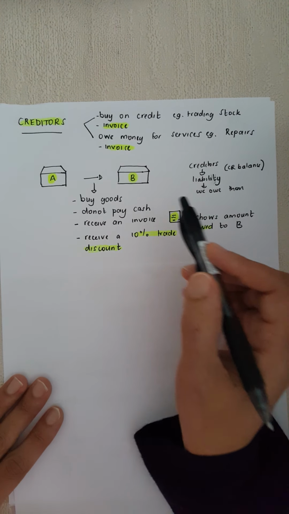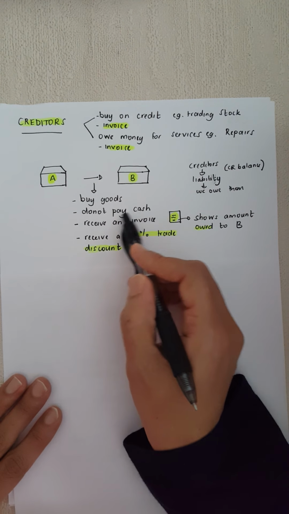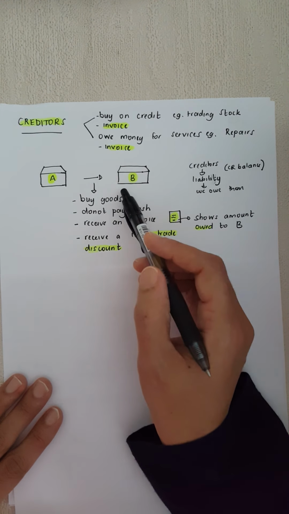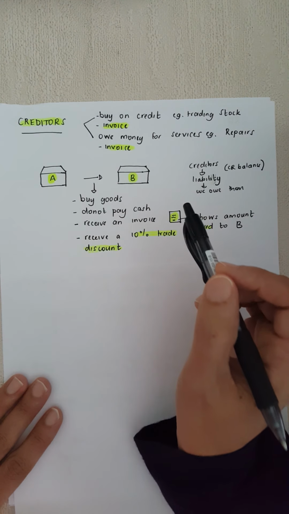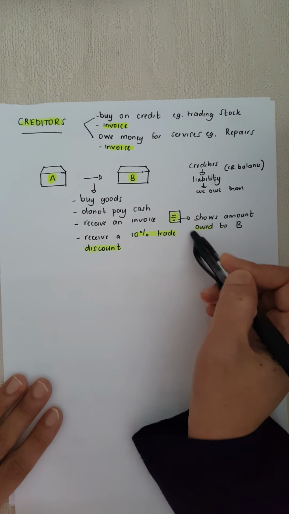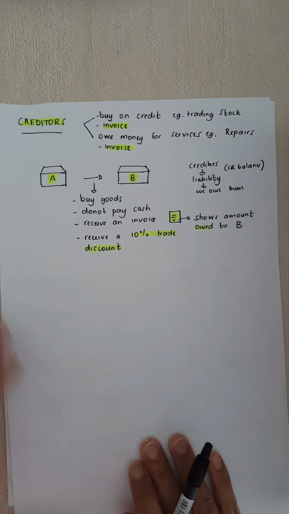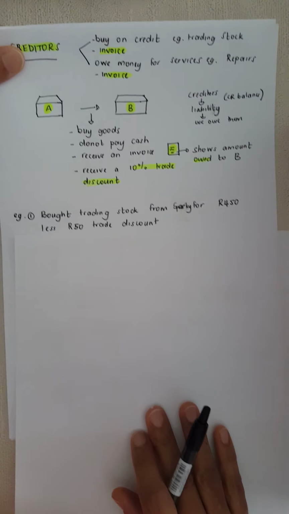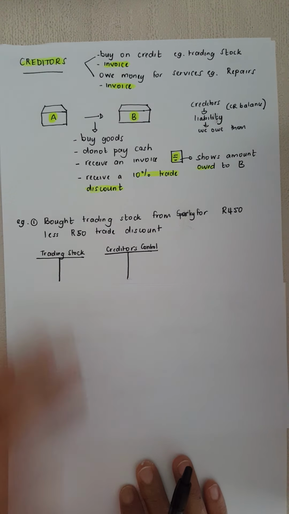So the big difference is that we do not pay them any cash or any check for the services or the trading stock that we have got from them. We owe them the money and we keep the invoices to keep track of how much money we owe them. So let's go to our first transaction here.